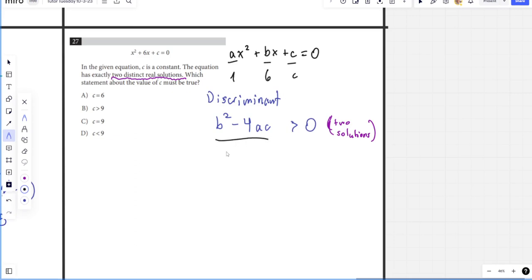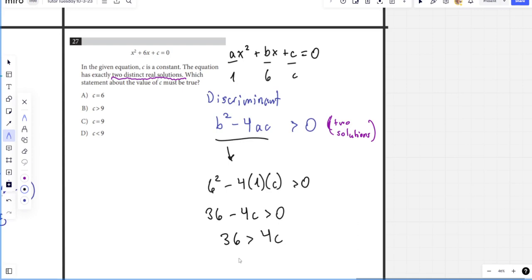So plugging all of those into our discriminant formula, it'll be 6 squared minus 4 times 1 times c, and remember we want that greater than 0. 36 minus 4c is greater than 0, or 36 is greater than 4c. Divide that out and you're going to get 9 greater than c, or just rewrite that as c less than 9. That gives us answer choice D. C is less than 9.